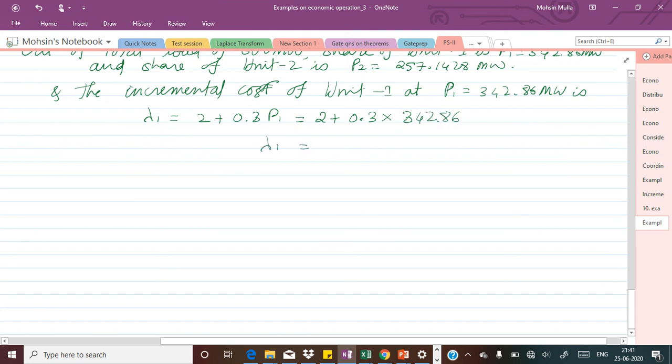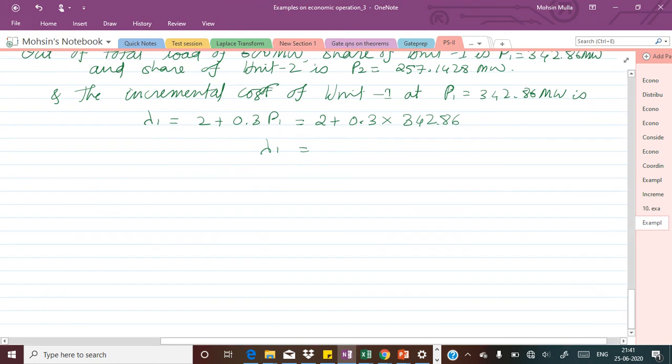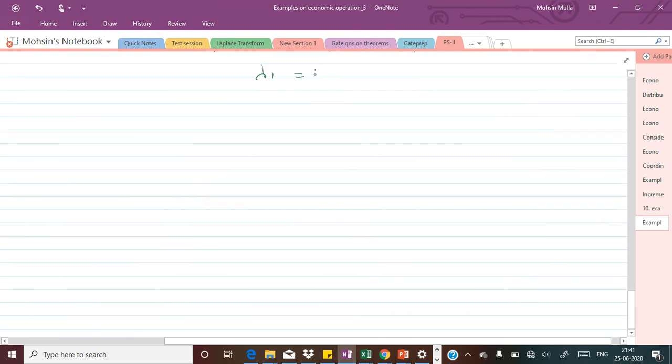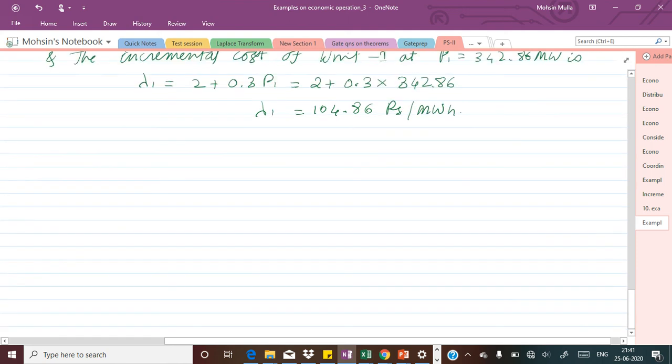Let us just calculate this. So this value is going to be 104.86 rupees per megawatt hour. Okay, and if you calculate the value of lambda 2 also, you are going to get the same.